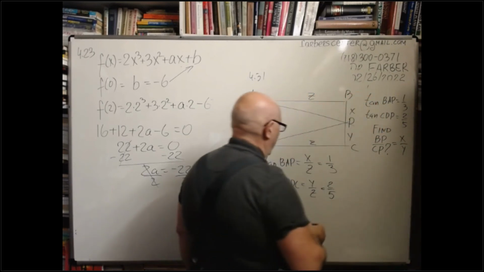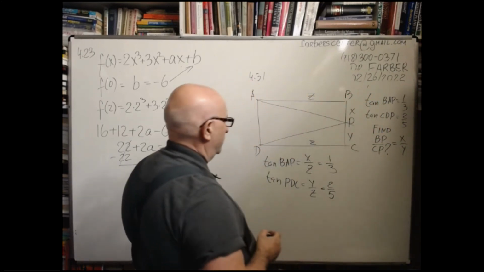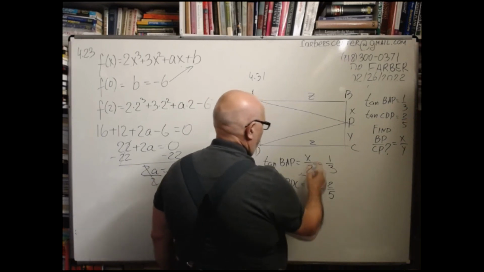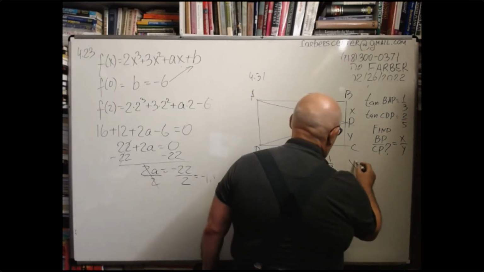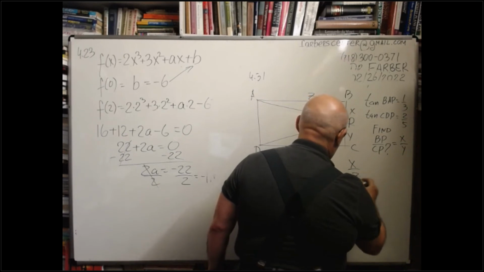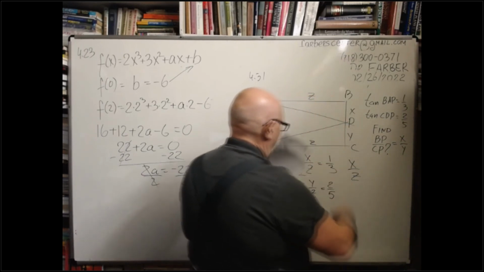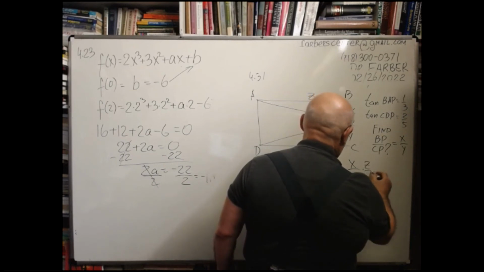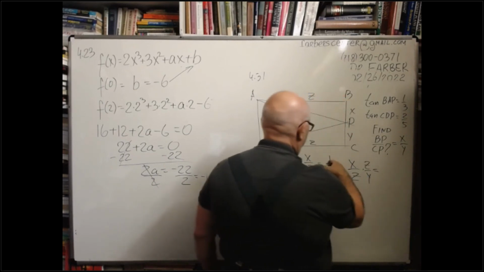We have two equations. If we divide this by this, what do I have? X over z, left part, right part. Keep, change, flip. I put it upside down. Times z over y equals 1 over 3.